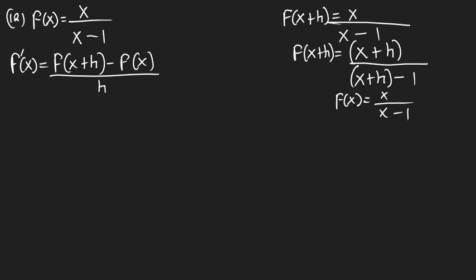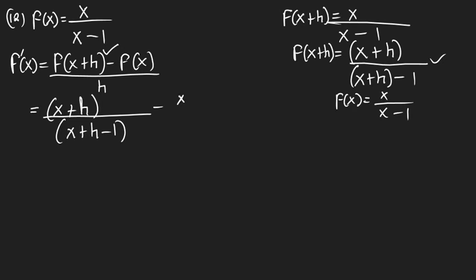Now let me replace in. Where there is this guy here, I can replace with this. So it's going to be x plus h all over x plus h, then minus 1, then minus the function that we have there, which is x over x minus 1.